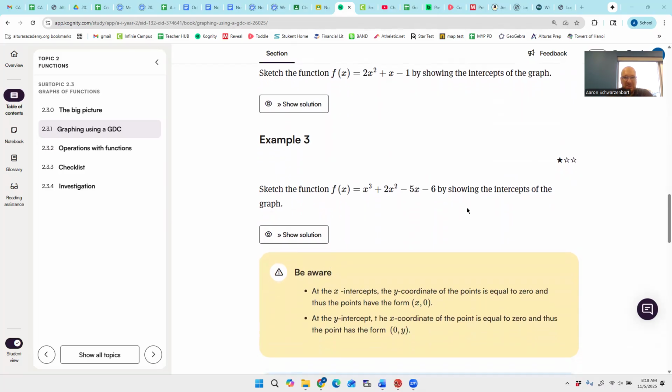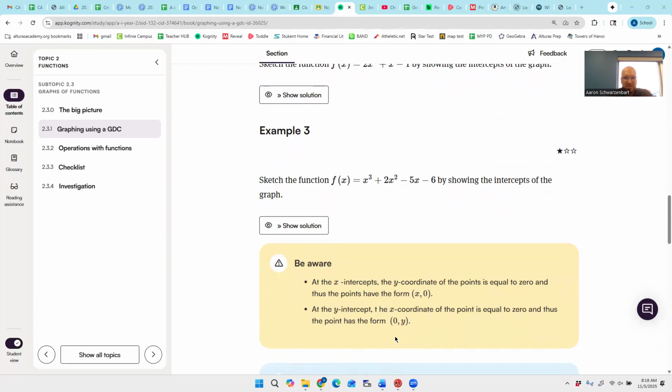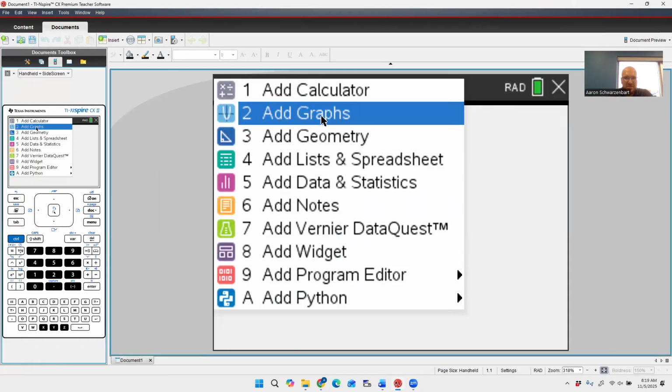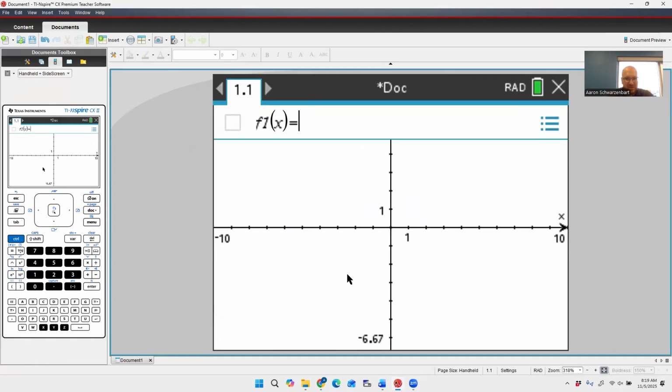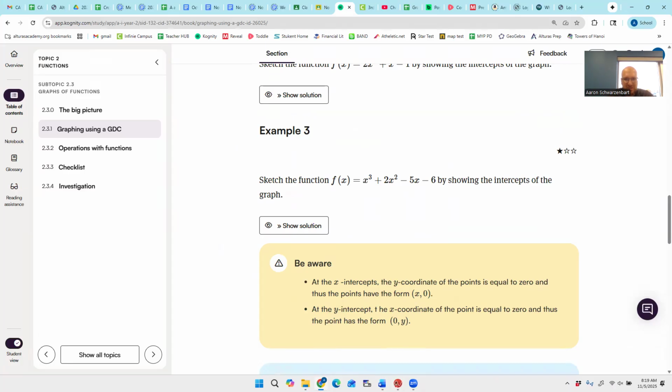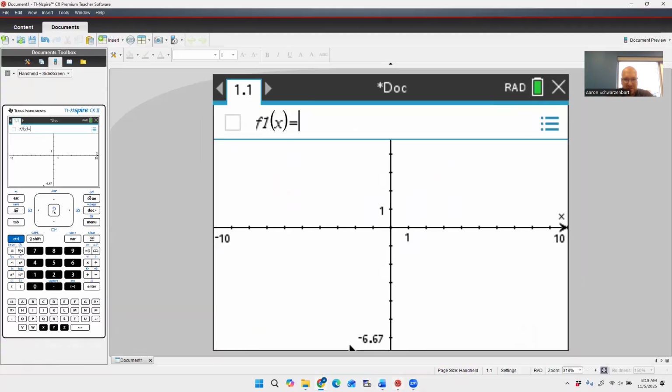Okay, so we're going to graph this by showing the intercepts of the graph. So sketch the graph. Let's just graph it. The function is x cubed plus 2x squared minus 5x minus 6.